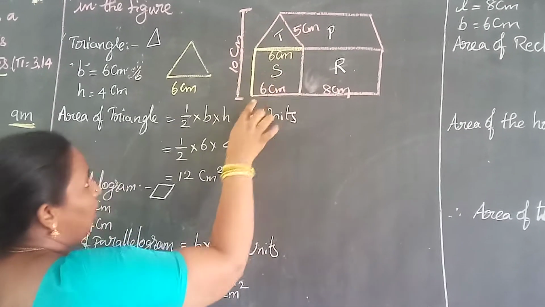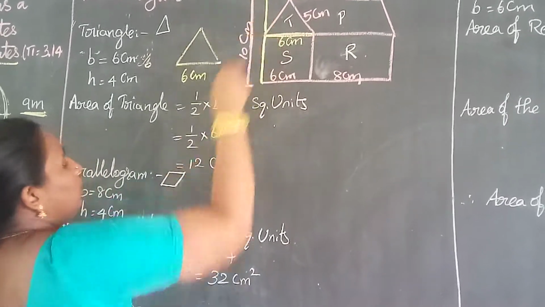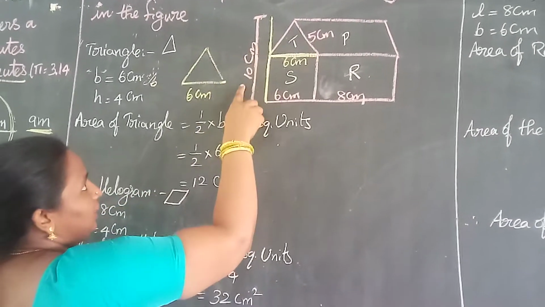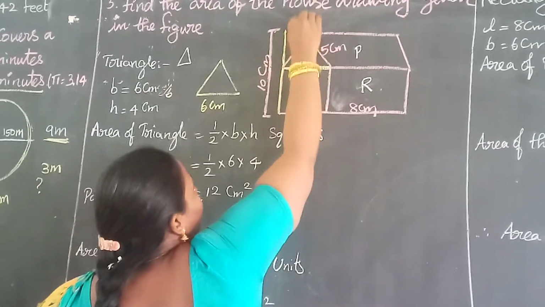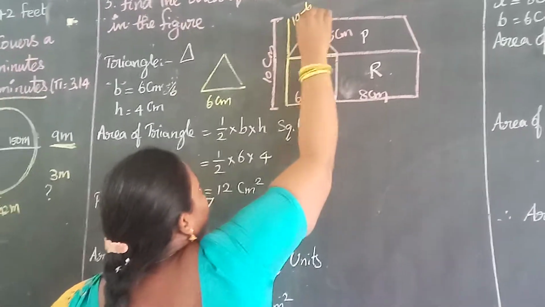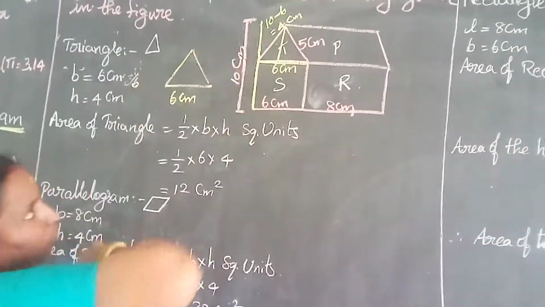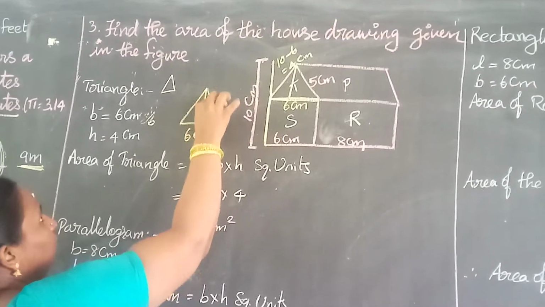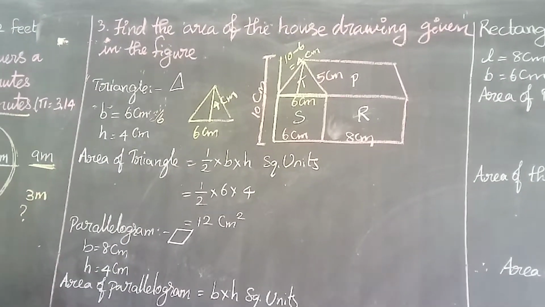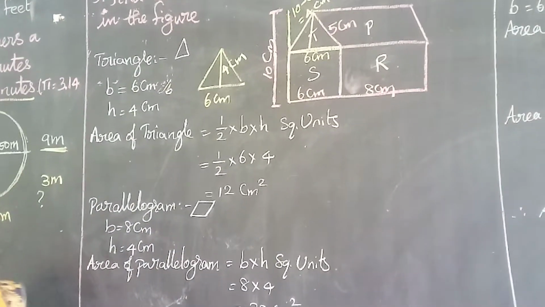Up to this we have 6 cm. What will be the remaining height? How will you get it? The whole length is 10. From this to this is 6. Definitely it will be 10 minus 6, which is equal to 4 centimeter, which is nothing but the height of this triangle. So the height of this triangle is 4 centimeter. Did you understand this? So base is 6 and height is 4 centimeter.